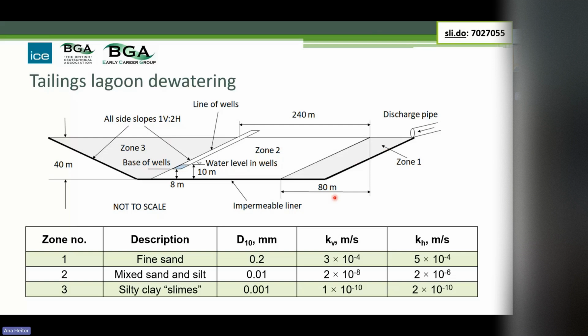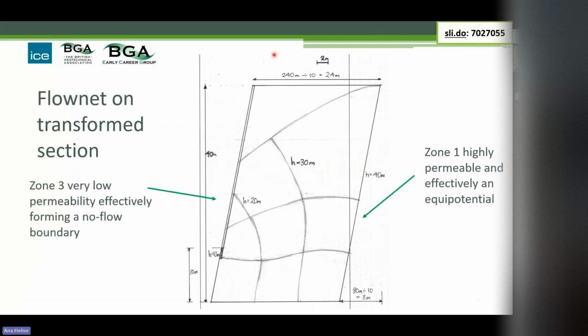We've also got anisotropy, so we have to shrink the cross section. And then again, we have got basically the equipotential from zone 1, the flow through the zone of interest, which is zone 2, and then this is the well point dewatering system idealized as a line, and the low permeability of zone 3, and then we can get an estimation of the flow rate.